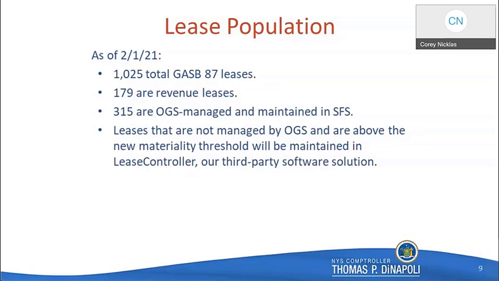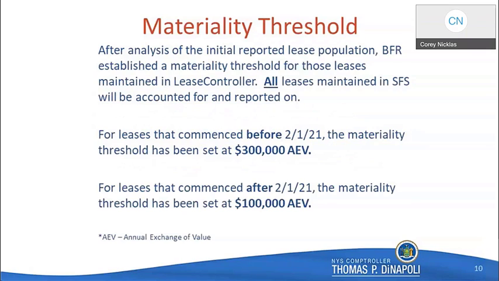And leases that are not managed by OGS and are above the new materiality threshold will be maintained in LeaseController, our third-party software solution. Originally, during reporting tool submissions, the threshold was set at $20,000 annually. After compiling and reviewing our initial lease population for 2/1/21, we established two materiality thresholds to be used going forward.